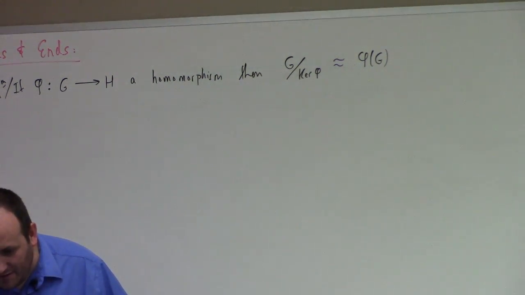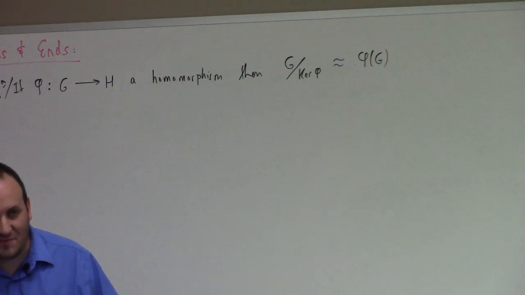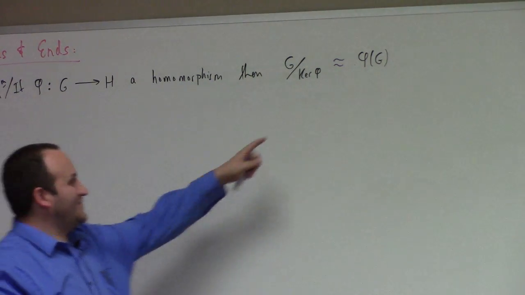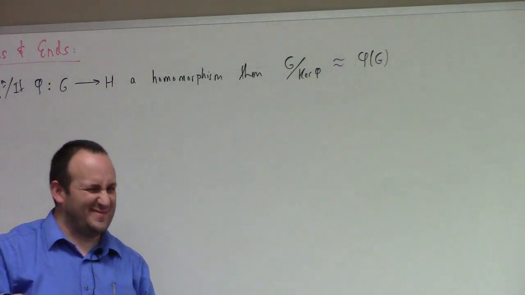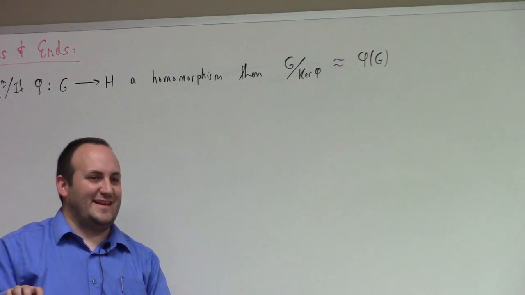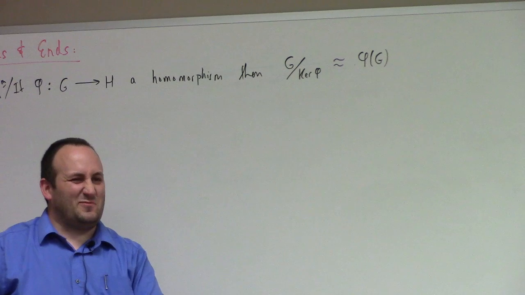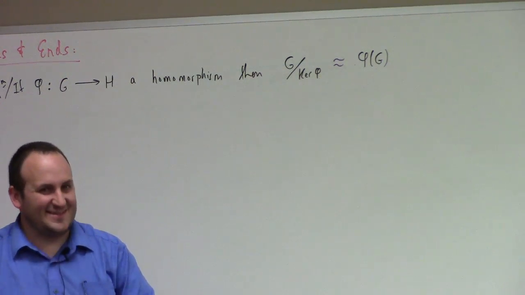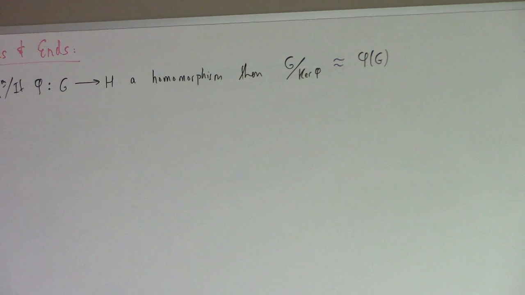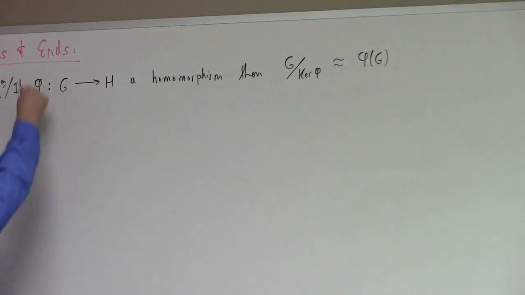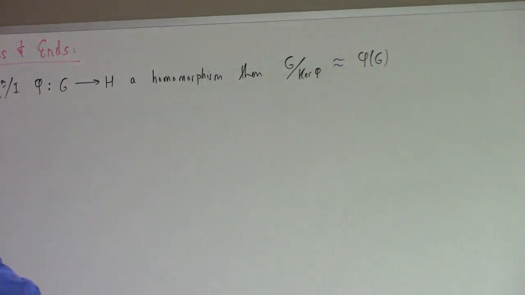But I think a reasonable notation would be that I should use this for homomorphism and that with a bar under it for isomorphism. Going back and studying all that is what I'll do next year, or the year after, whenever I teach it again. Perhaps never.